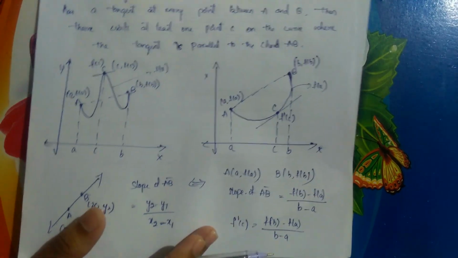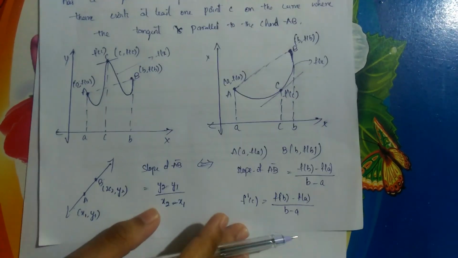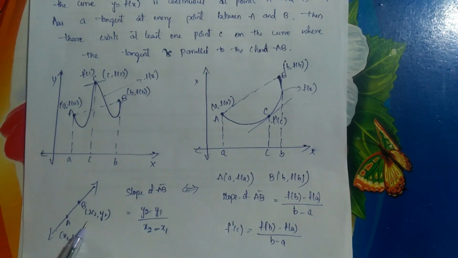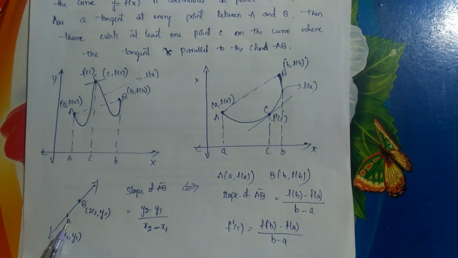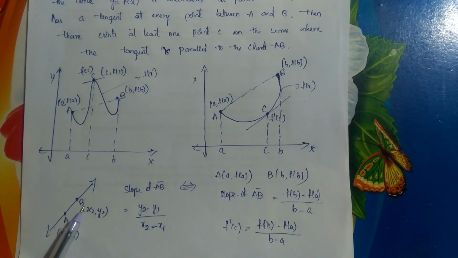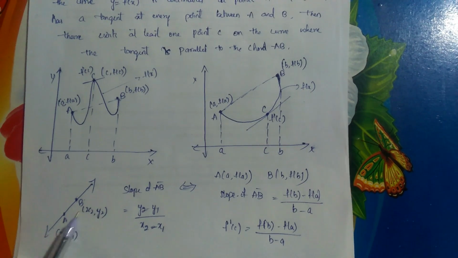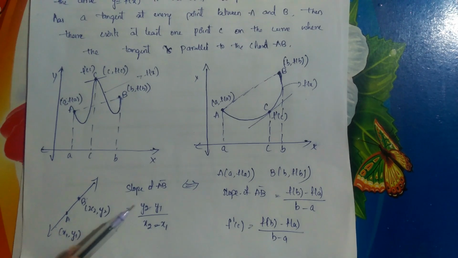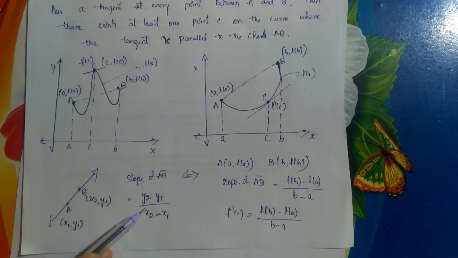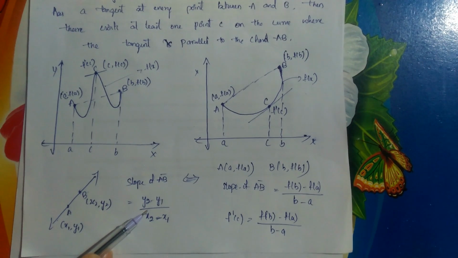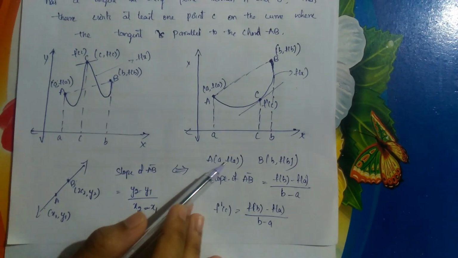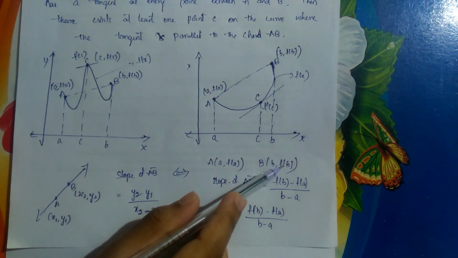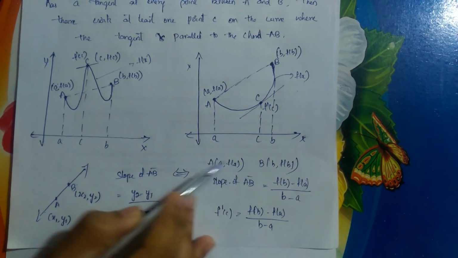So if you see here, for example, if you take a line and there are 2 points A and B, and the coordinates of A are x1 comma y1, and the coordinates of B are x2 comma y2, we are finding the slope of these 2 points. The slope of AB we write as y2 minus y1 by x2 minus x1. In a similar way, if you take the coordinates of A as a comma f of a and b comma f of b for the point B, we are finding the slope of AB.